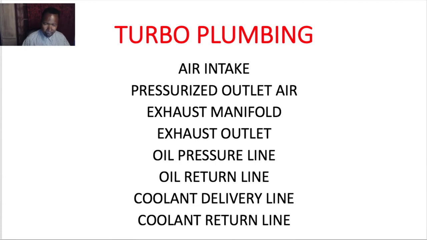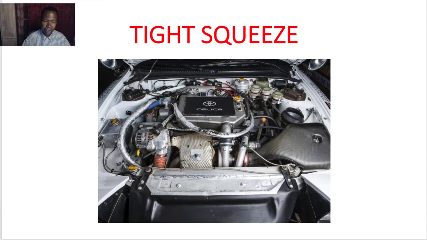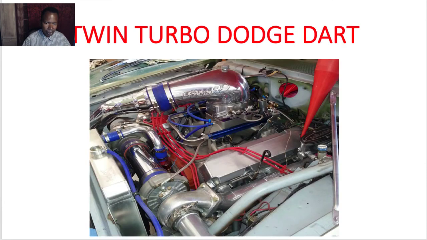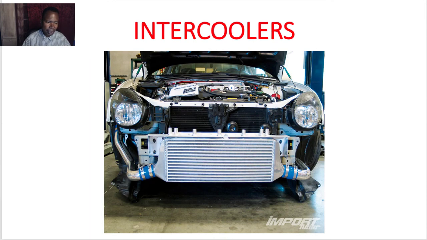Here's some of the plumbing. Intake air, pressurized outlet, exhaust manifold, exhaust outlet, oil pressure lines, coolant delivery system. You can see here it's a very tight squeeze. Look at this one. Look at this monster. And here's the intercooler.